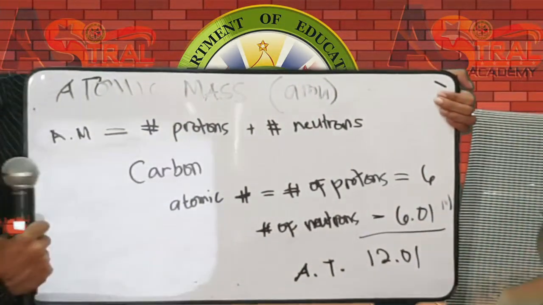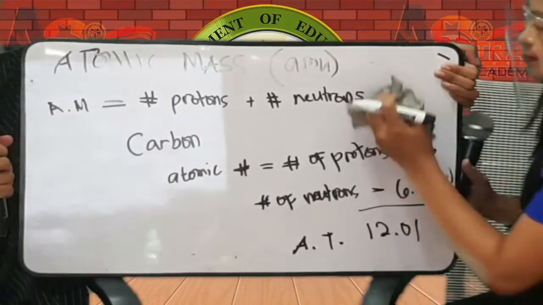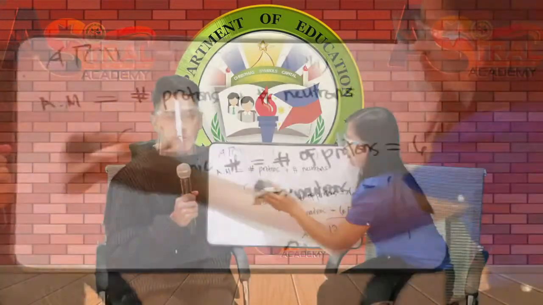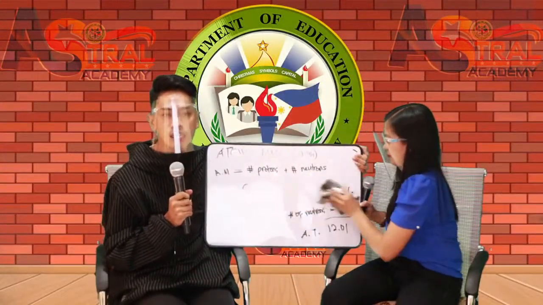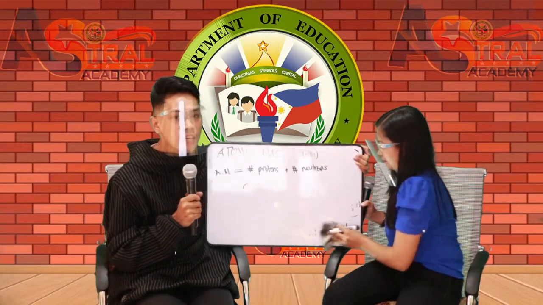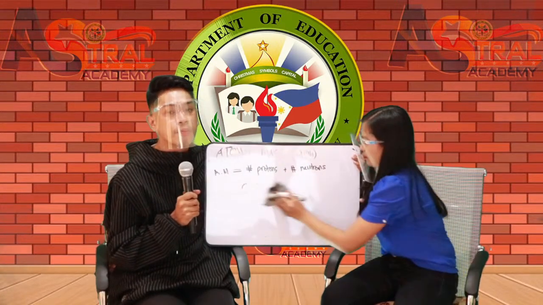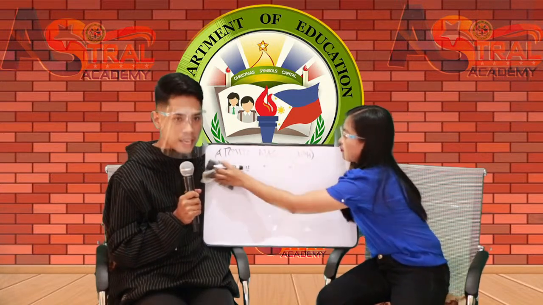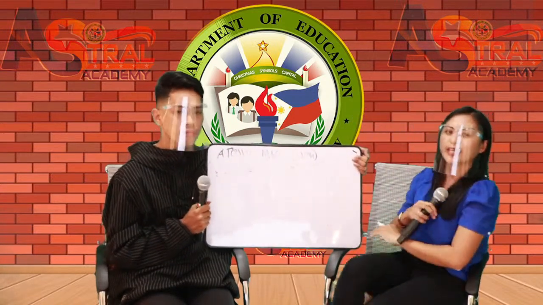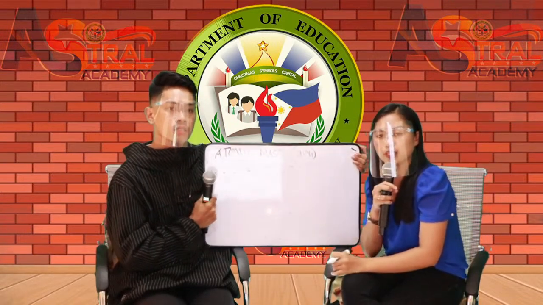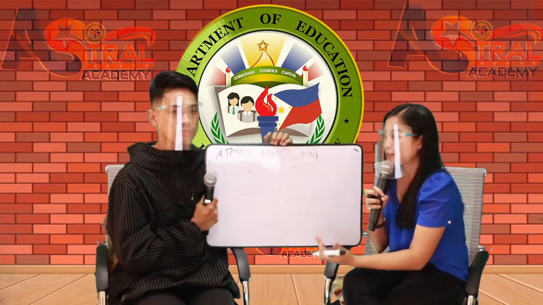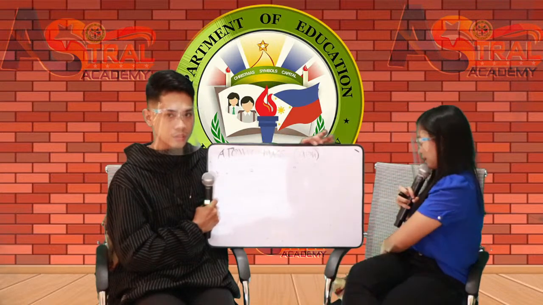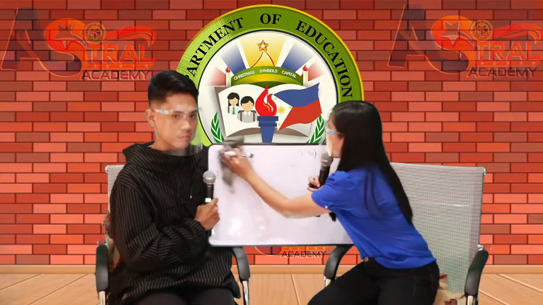Okay, the molecular mass of a substance is the sum of the atomic masses of all its constituent elements. This quantity is also represented in terms of atomic mass units or AMU. For the molecular mass, for example, we have the molecule water.